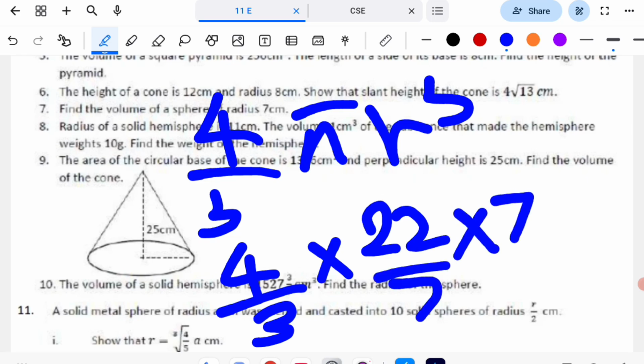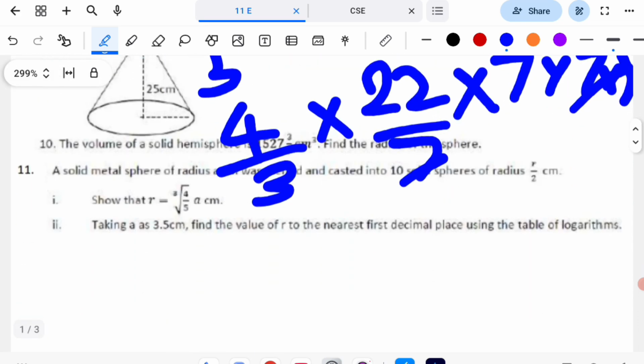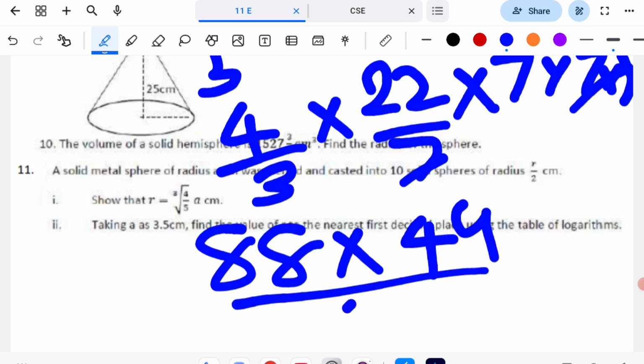Radius 7, we have to put 3 times, 7 into 7 into 7. We can cancel out one 7 term. 7 into 7, 49. 49 into 4 into 22, 88. 88 into 49, divided by 3.